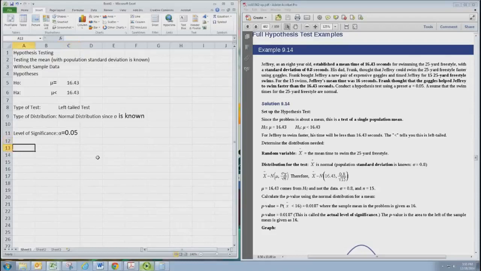We can now record our sample statistics, which will summarize the sample that we're not actually given. Since it's a test for the mean, we should have a sample mean and sample size, we always have that. And then a standard deviation is usually given in these mean tests. In this case, it's the population standard deviation.